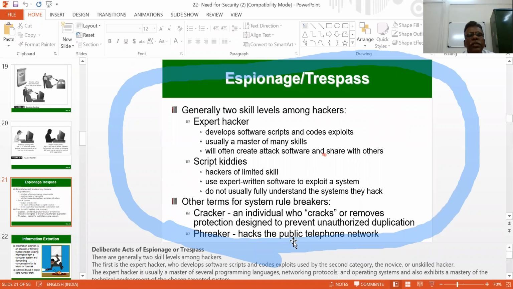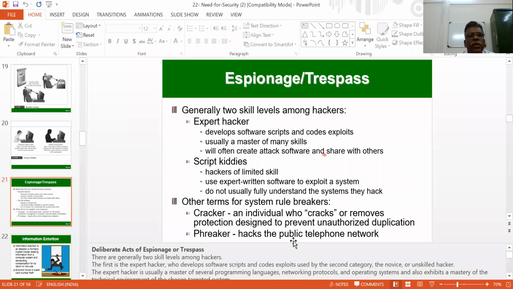And similarly, as I told you very clearly, there are generally two skill levels among hackers. One is a more intelligent personality who deliberately develops their own software with the help of various programming skills.